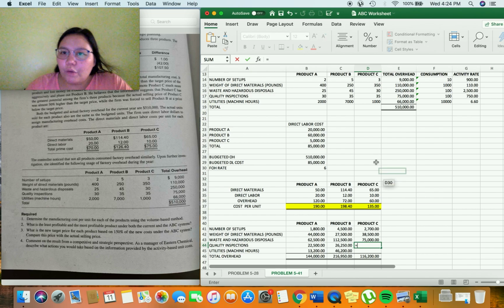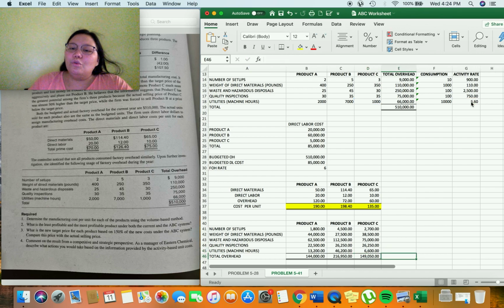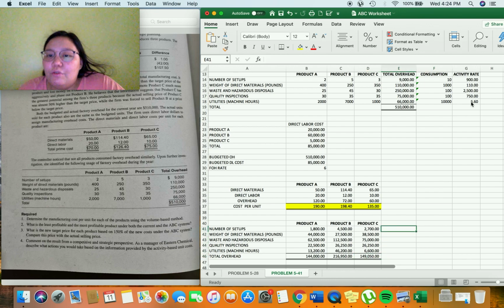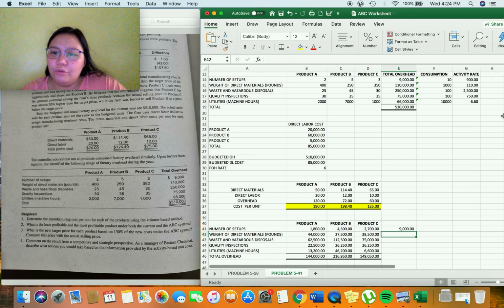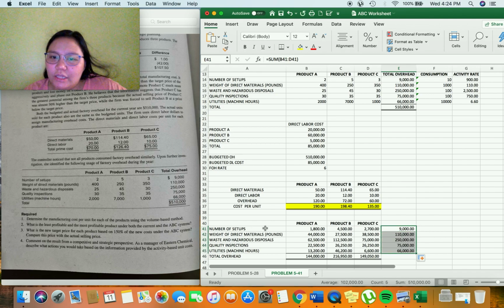And then for the quality inspections, we have 35 times 750. And lastly, 1,000 machine hours multiplied by 6.6, our activity rate. So the total overhead allocated to product C is 149,050.